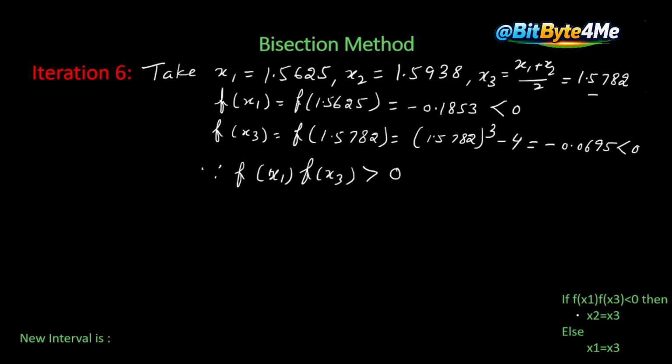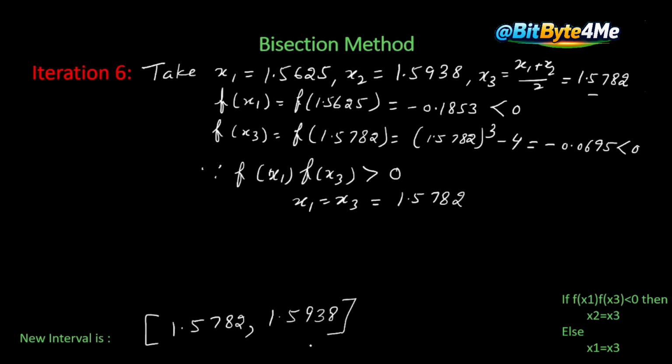So by this rule, if f of x1 into f of x3 is greater than 0, x1 will change. x1 is equal to x3, which is equal to 1.5782. So the new interval will be 1.5782 as the x1 value, and x2 will remain the same, 1.5938. So we will take these two values in the next iteration, which is going to be the 7th iteration.